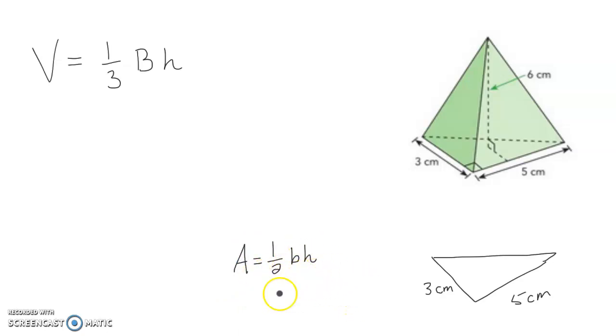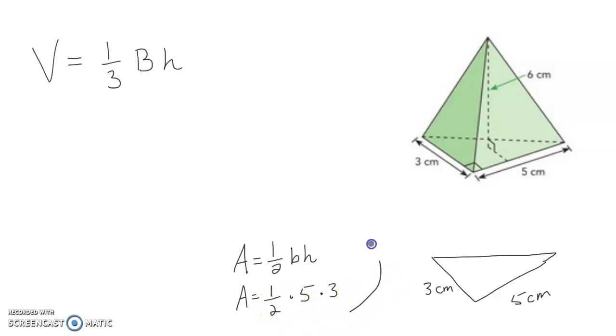Again, it doesn't matter what order I do any of this in. Let's fill in what we know: 1/2 times the base, we'll say it's 5, times the height, we'll say is 3. I could do this in any order I want. I could do 5 times 3 is 15, times 1/2.